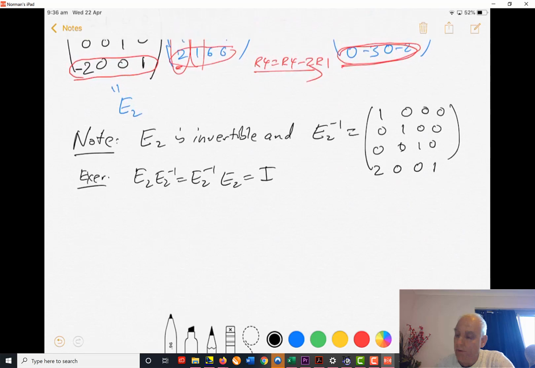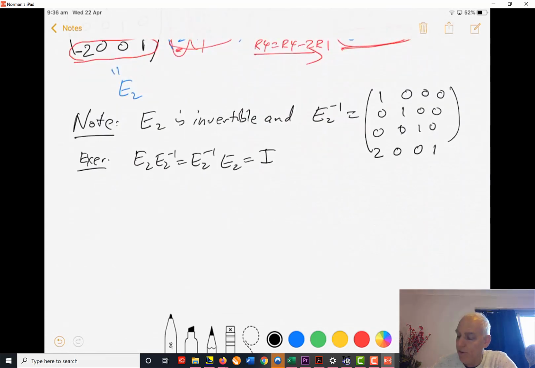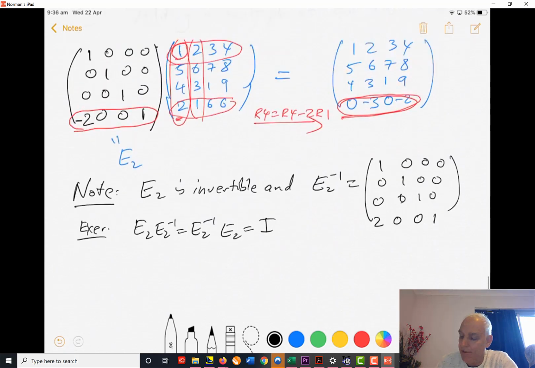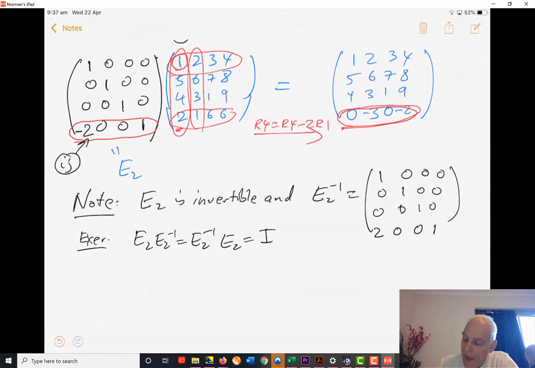And in general, you could do some similar thing for the n by n case. It's really the same kind of thing that we're looking at in this case here. This is like the ijth entry. So this is actually in the 4, 1 position.